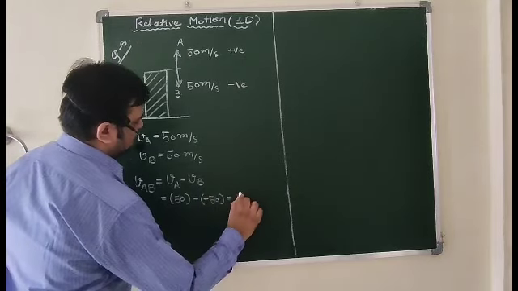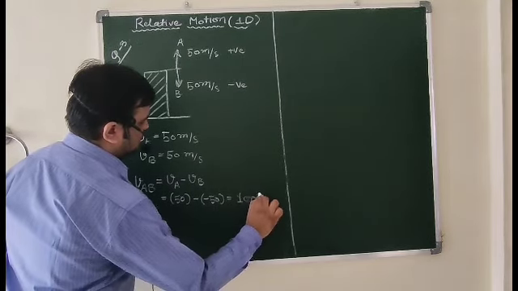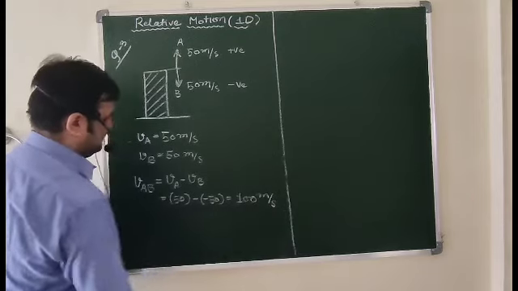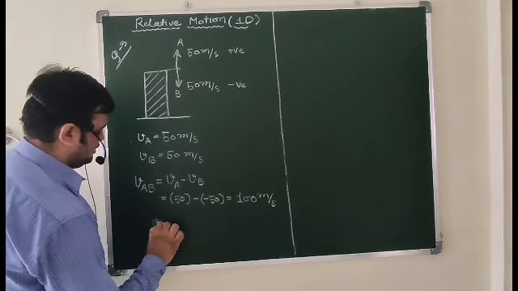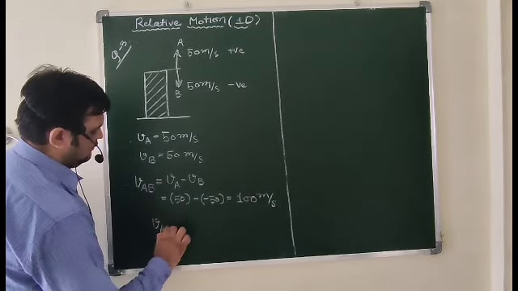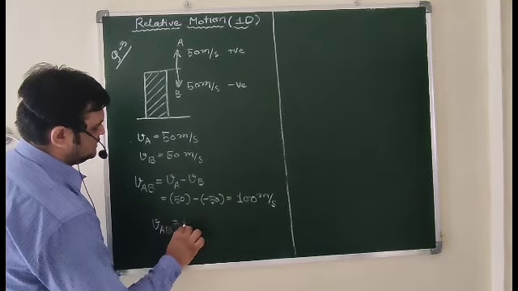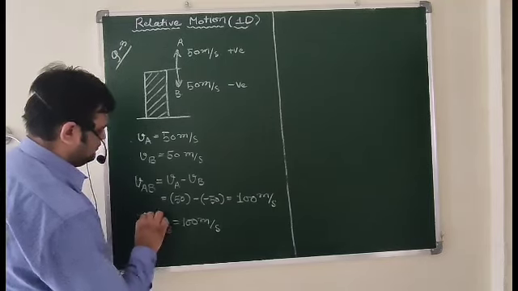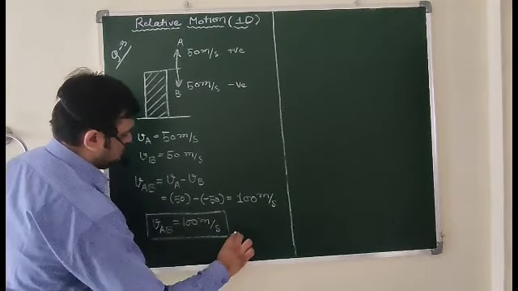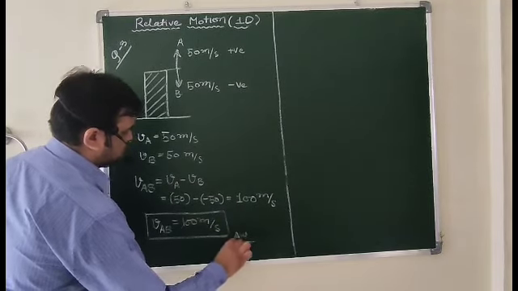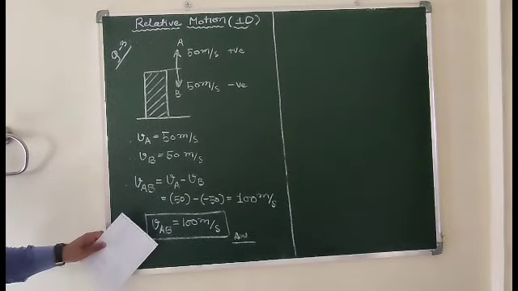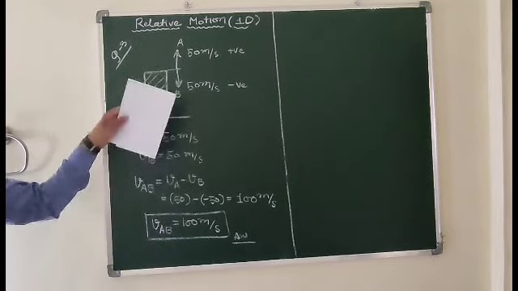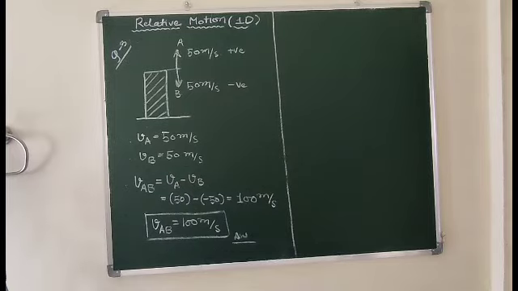So 50 plus 50 is equal to 100 meter per second. So velocity of A with respect to B is 100 meter per second. So this is our answer.